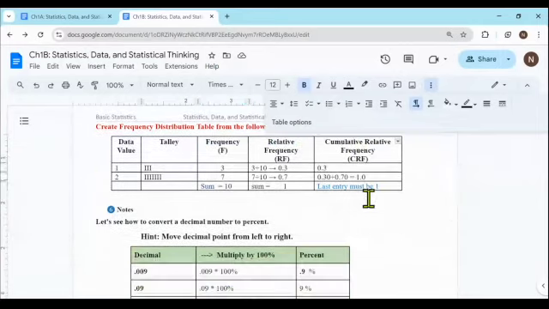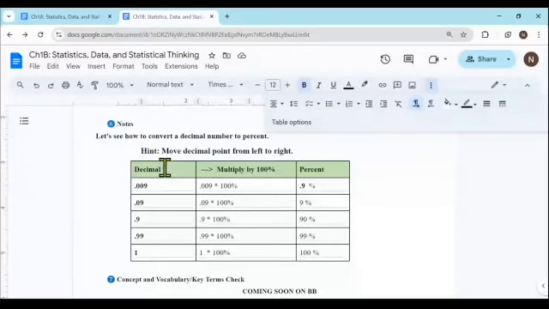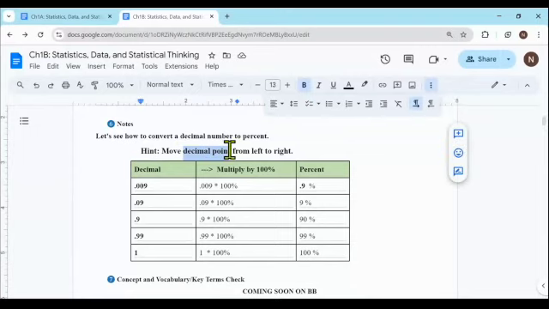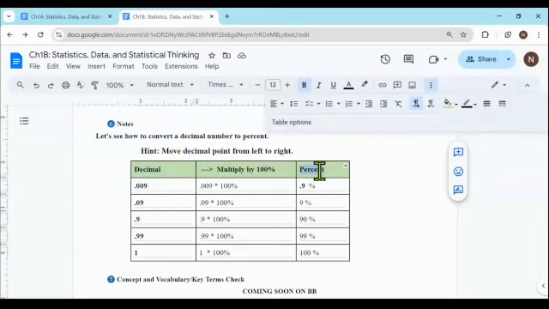Now, I want you to look at this one. We're converting from decimal to percent. How can I convert from decimal to percent? You multiply times 100, and then you move the decimal point from left to right. For example, the first one here, 0.009. If I want to convert from decimal to percent, I multiply times what? 100.